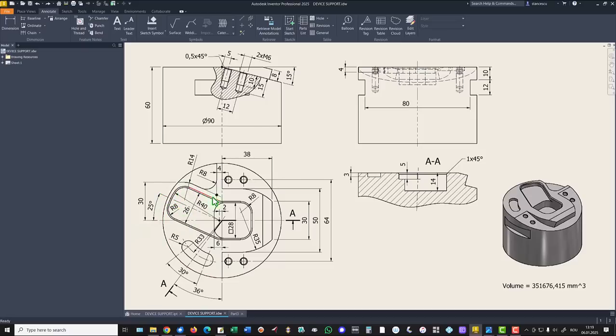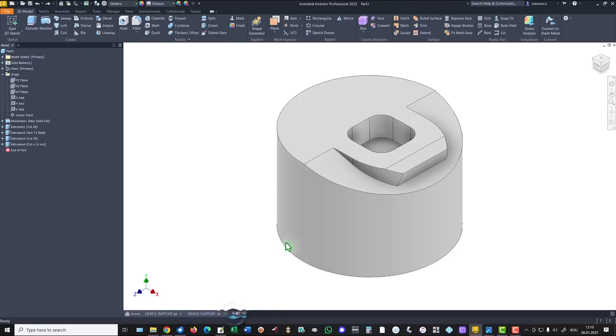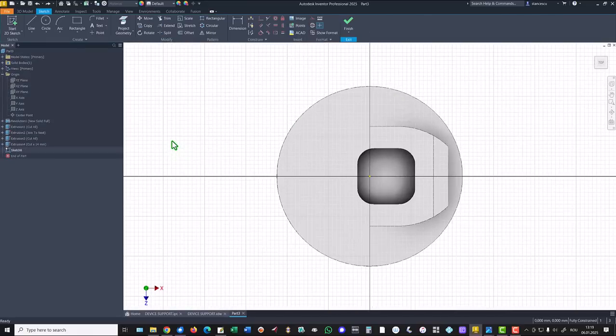Radius 8 to all these 4 corners. Okay. This is the face. We draw a line from this point to this point, then a small line here and an angle.